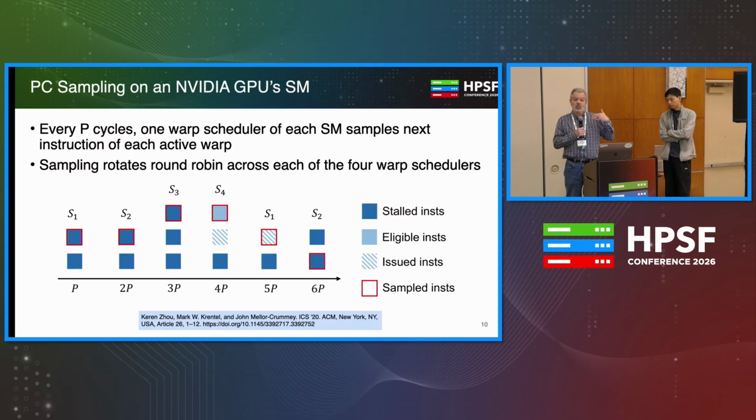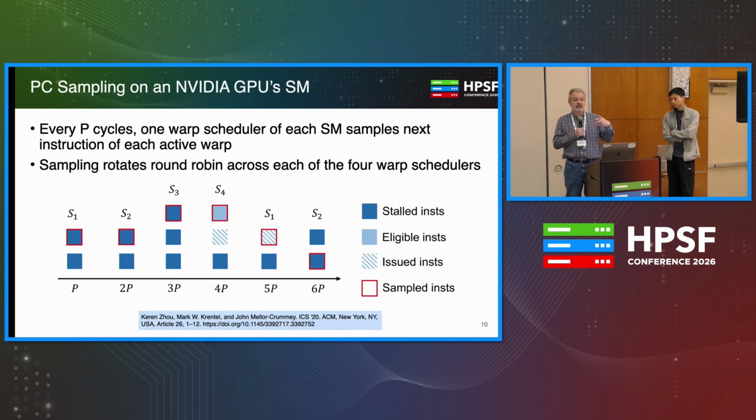So this gives us a picture of what's going on inside the streaming multiprocessor: there's a bunch of seething instructions that are trying to be launched on the compute engine, and sometimes they're not ready, but eventually they will get initiated when all of their dependencies are satisfied.